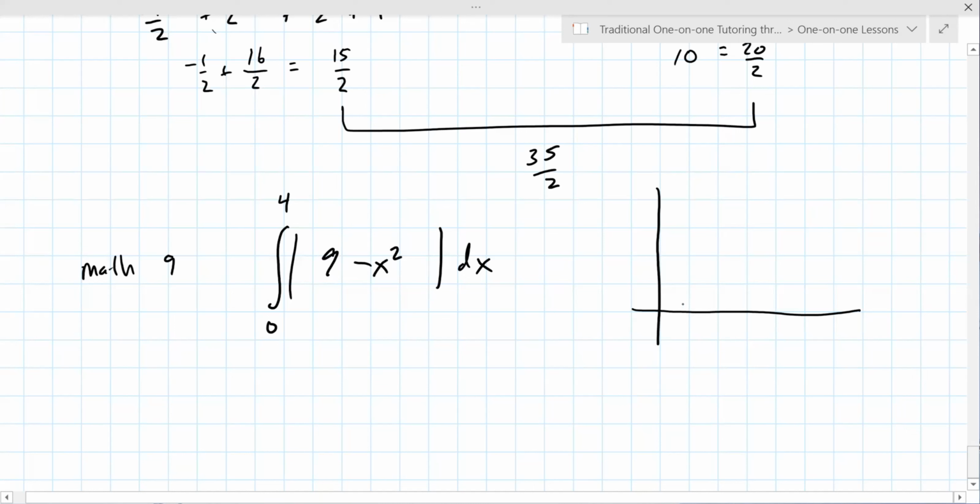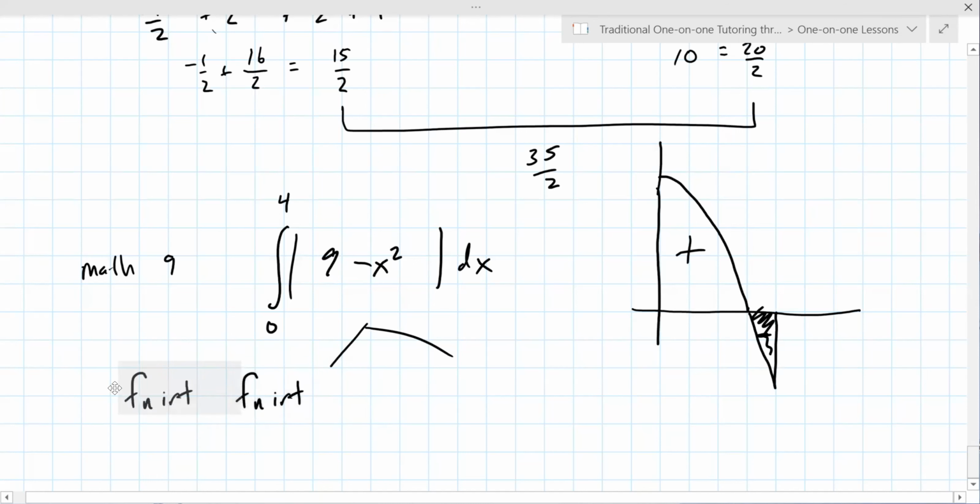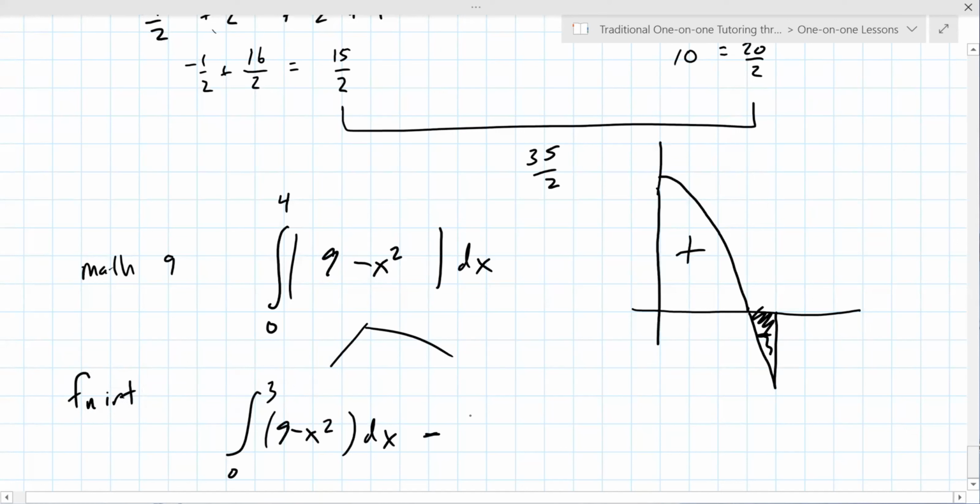So this thing goes 9 to 3, but then there's an area underneath. Okay. So if you just do your fnInt, you'll get positive and negative. But if you know to break this up into two integrals, one from 0 to 3, 9 minus x squared dx, and then minus the integral from 3 to 4, 9 minus x squared dx, that's how you get the right answer.